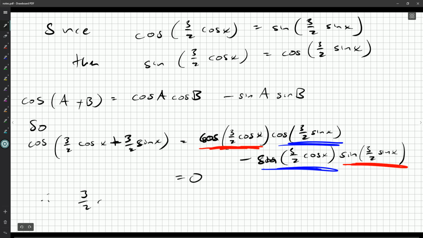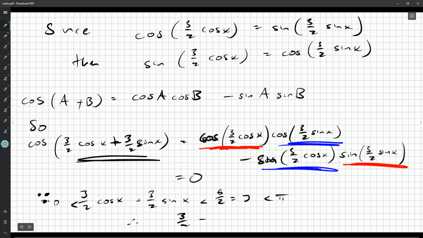And that tells me 3/2 cos x plus 3/2 sine x, since, well, let's say since they are between 0 and 6/2, which is 3, which is less than pi, they must add up. The only angle in that range that makes cosine equal to 0 is pi/2.